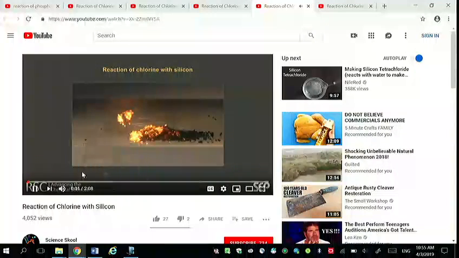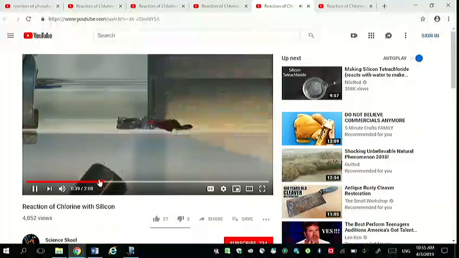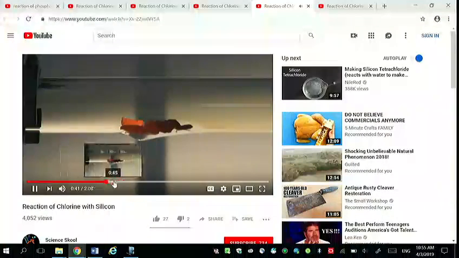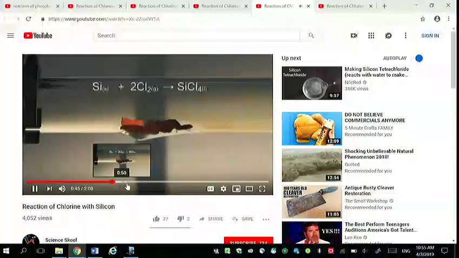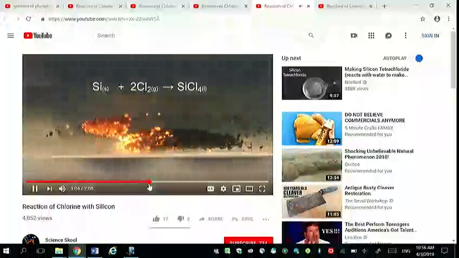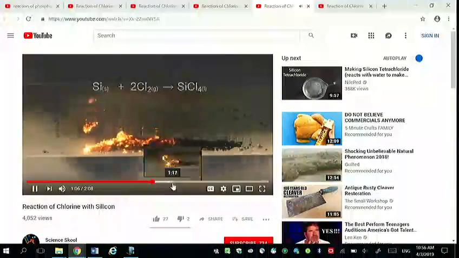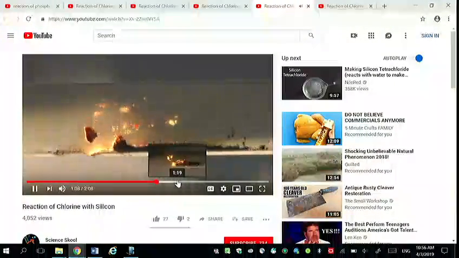Next, with silicon, the second last one. Not so much of a reaction, it reacts slowly on heating.